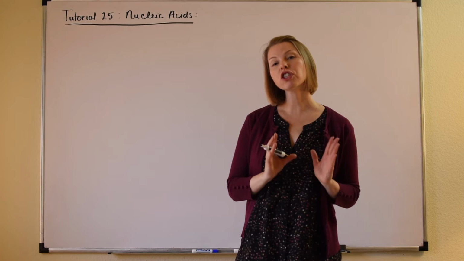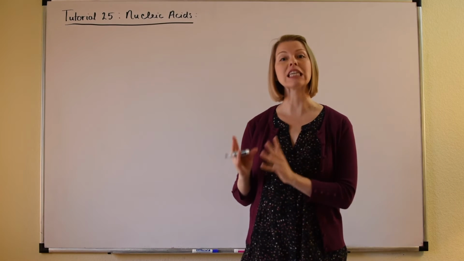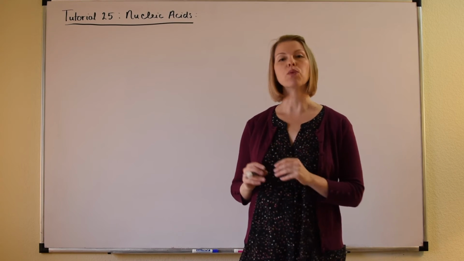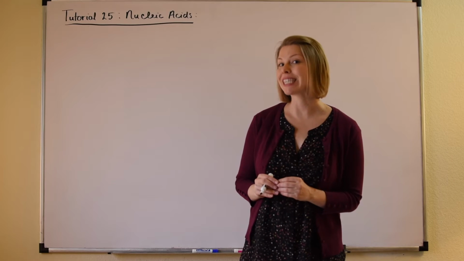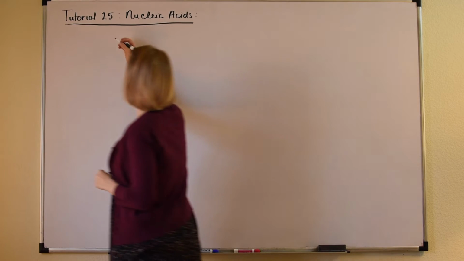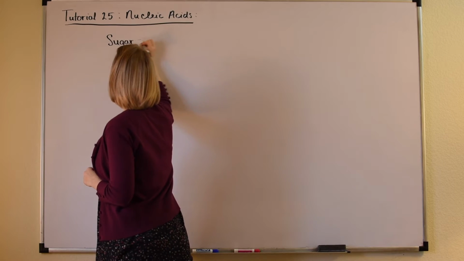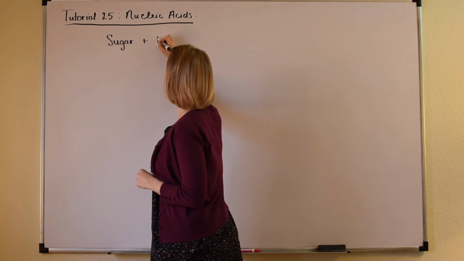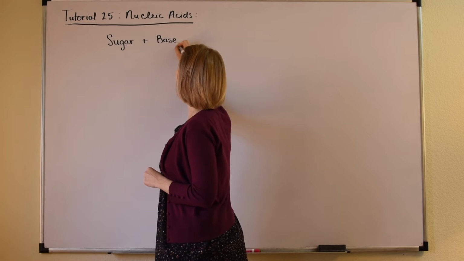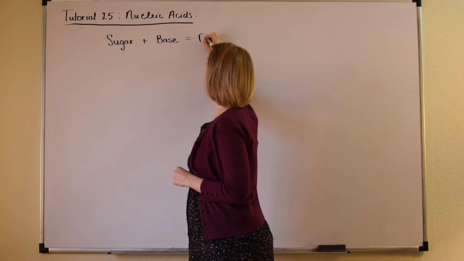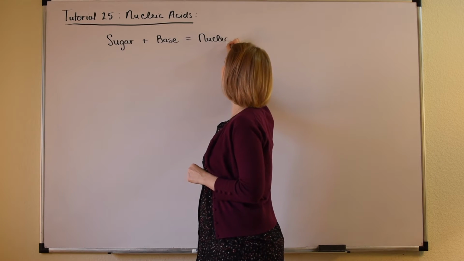When a nitrogen-containing base is linked to a sugar unit, the result is a nucleoside. I'm going to write that up here on the board. A sugar plus a base equals a nucleoside.